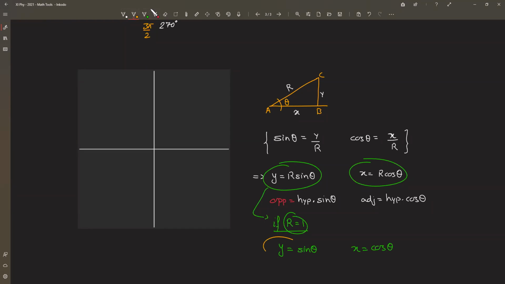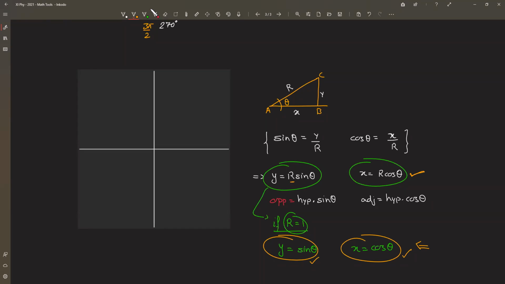Agree? Because R is 1. So when R is 1, Y is sine theta and X is cos theta. This you have to understand. We have taken a very special case: the earlier one is the general case, and this is a special case. Why did we do that?